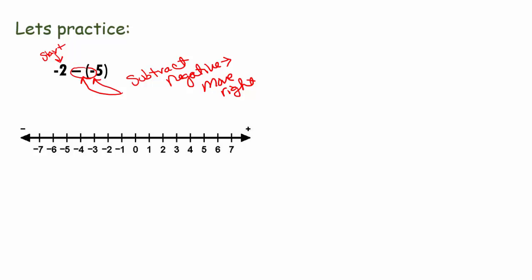So if I'm starting at 0 to negative 2, my starting point is at negative 2, I'm moving to the right. How many? Moving to the right 5. 1, 2, 3, 4, 5. All right, that gets me to, well, it doesn't get me to a positive 5, it gets me to a positive 3.